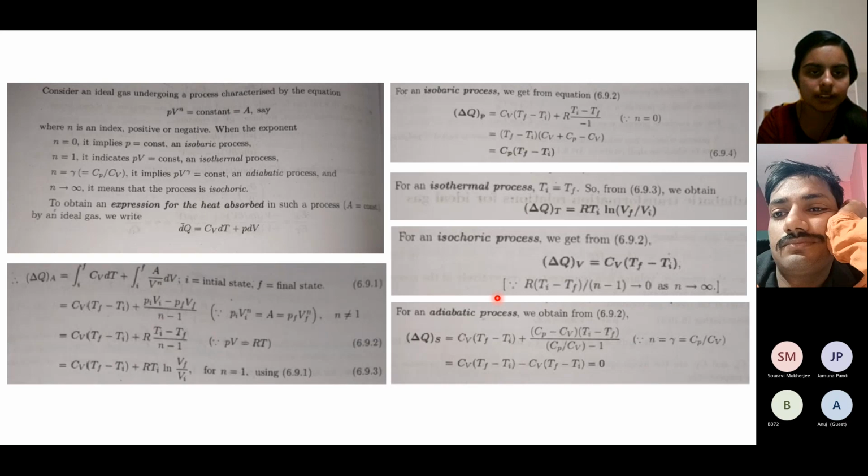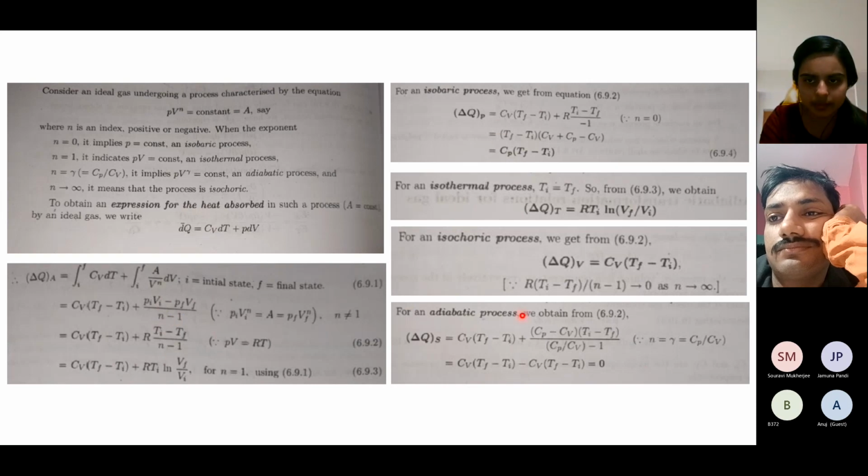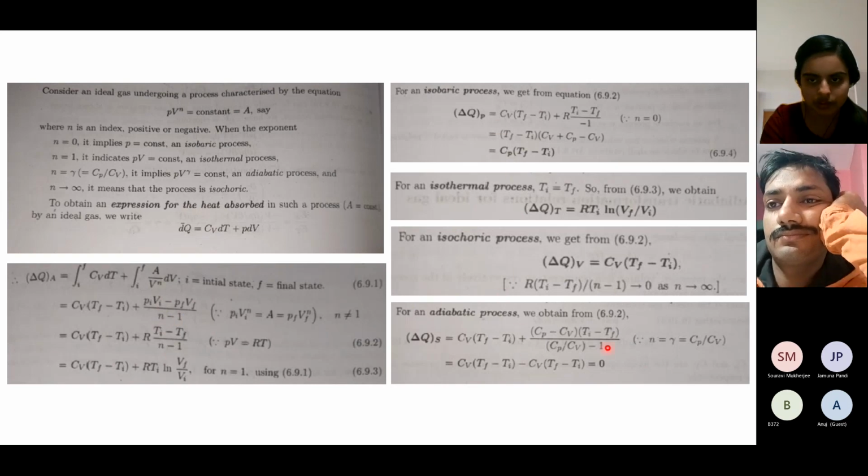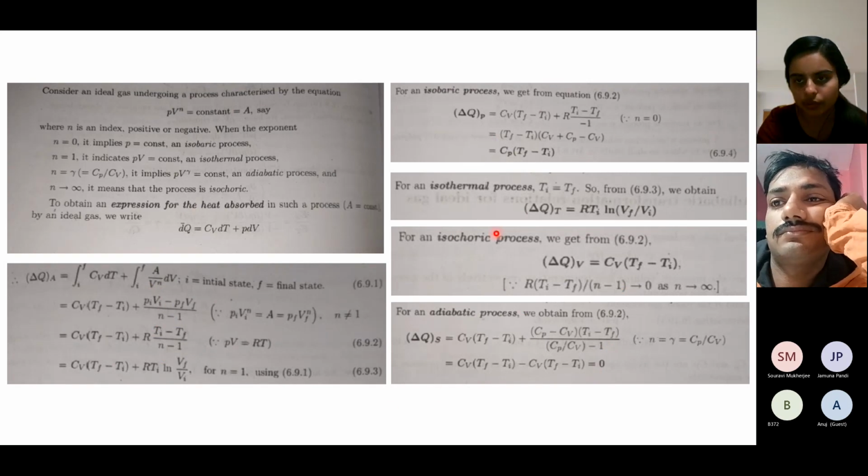So in this way, if you are given a polytropic process, something like this, and you are asked to find the expression for heat or the expression for work done, you have to work it out accordingly, similar to this. In some cases, suppose you have an isothermal expansion and the volume changes from Vi to 2Vi.